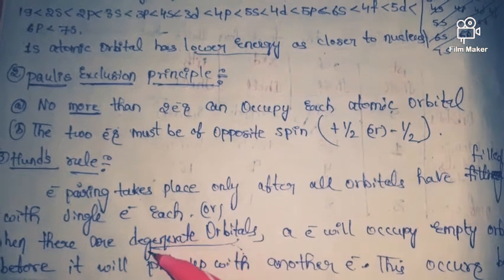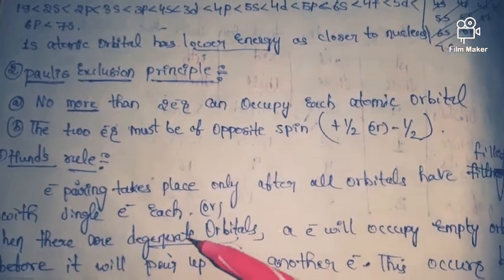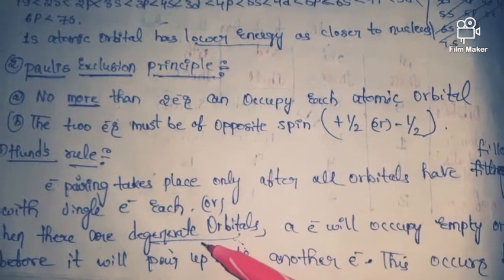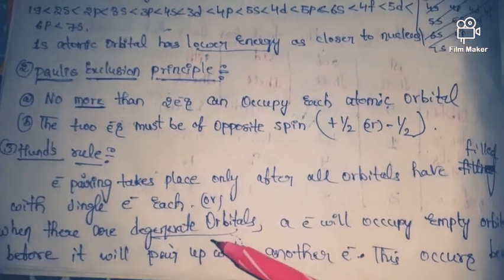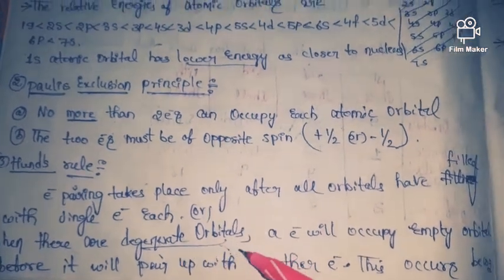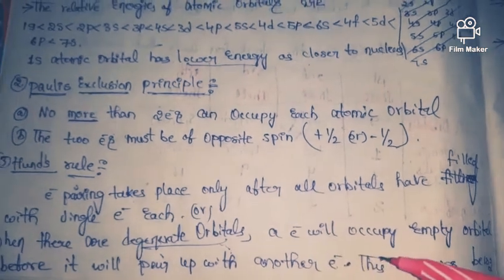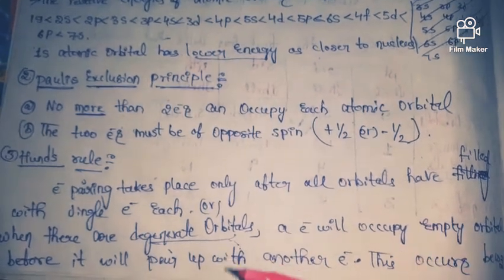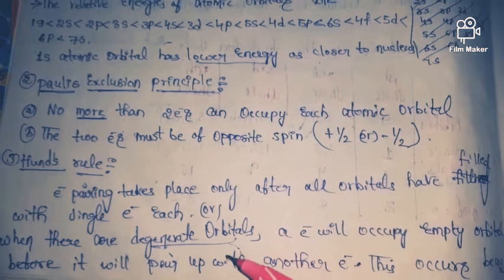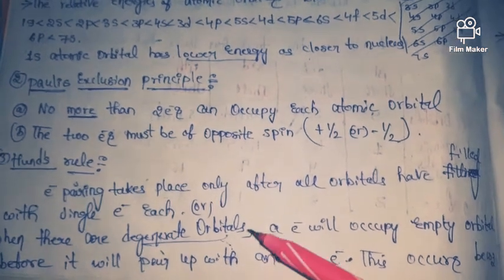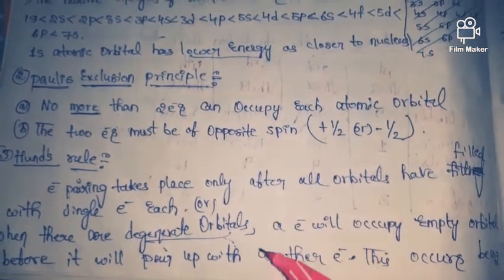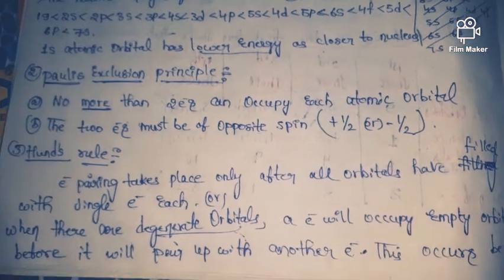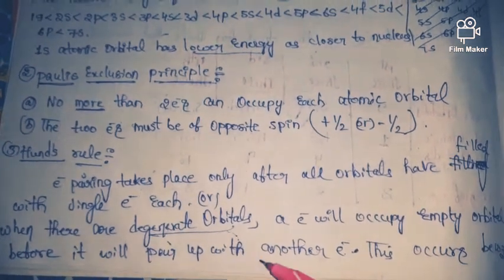Degenerate orbitals means the orbitals which have equal energies, or the same energies. When there are degenerate orbitals, an electron will occupy the empty orbital. If orbitals having equal energies are present, in this case the electron will occupy an empty orbital before it pairs up with another electron.